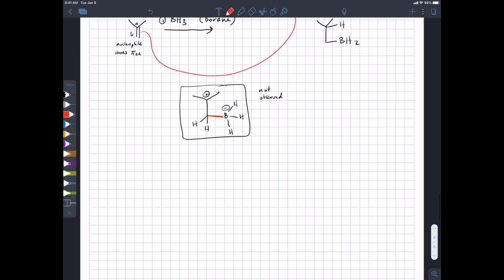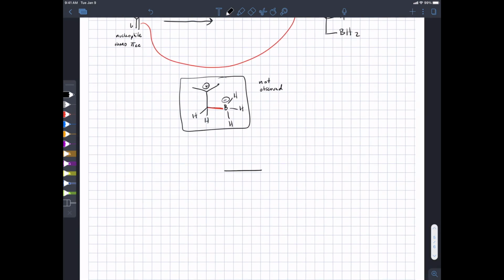So if I were to draw a transition state for this reaction, we'll be looking at the alkene from the side.